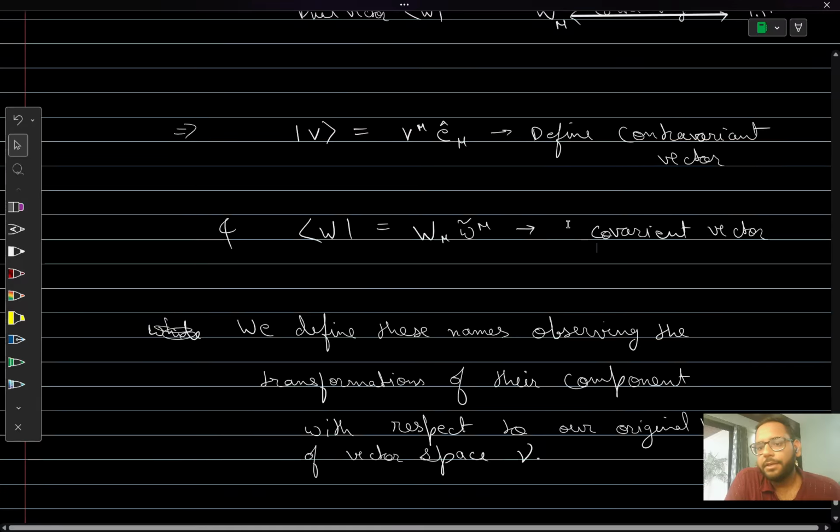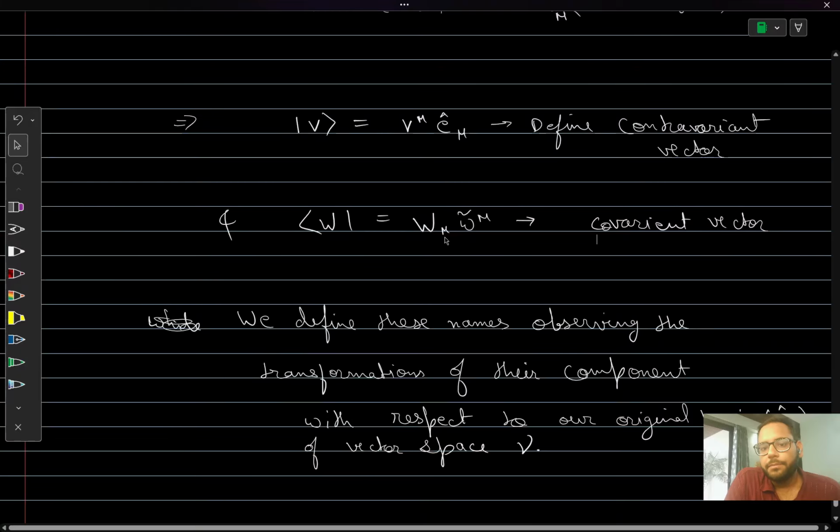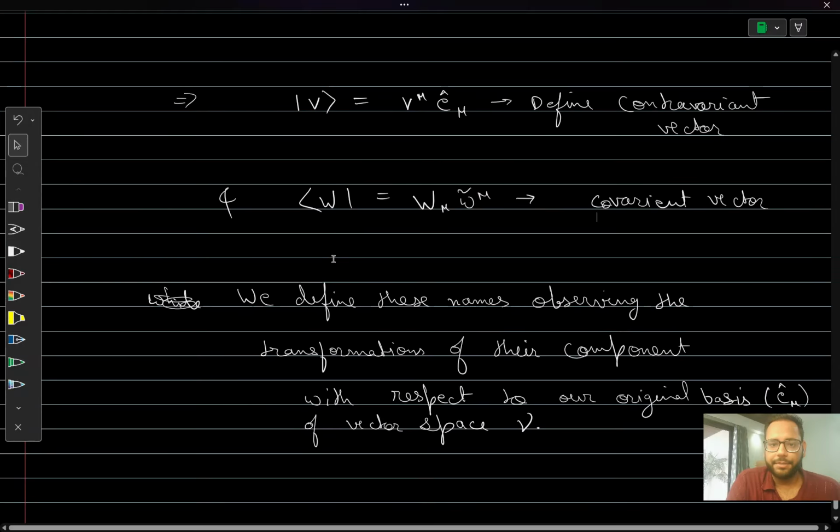So the naming would change. We would call the dual vector a contravariant vector, and we can define this vector as a covariant vector, but this is not the convention we are following.